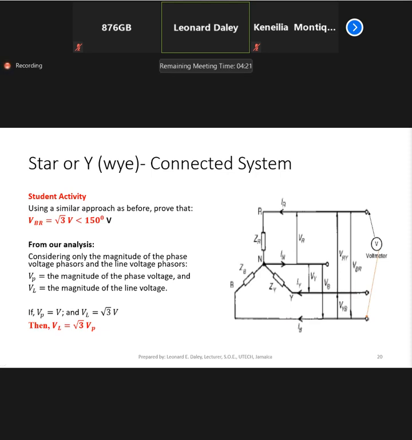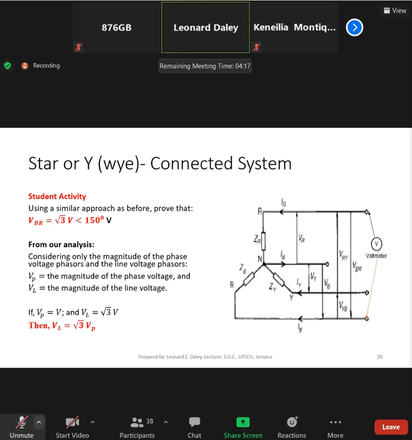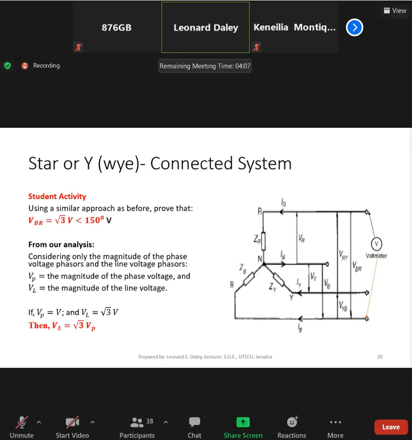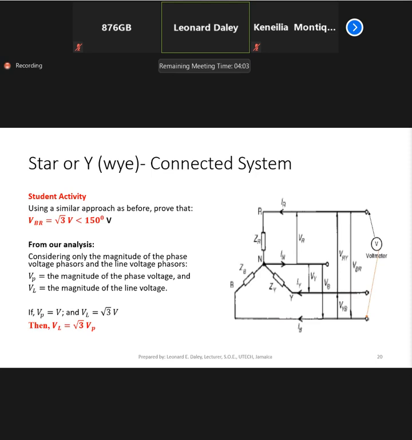If I can get the university to pay for this, then we'll use this. Otherwise, somebody suggested GoToMeeting, so I will look at that and see how that can work.